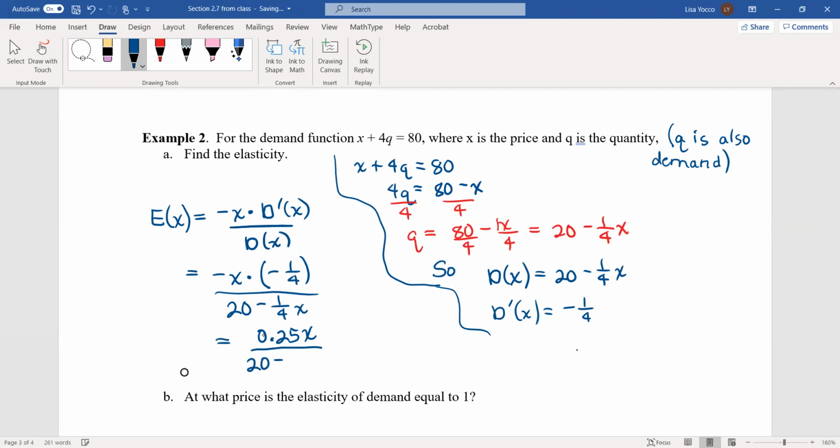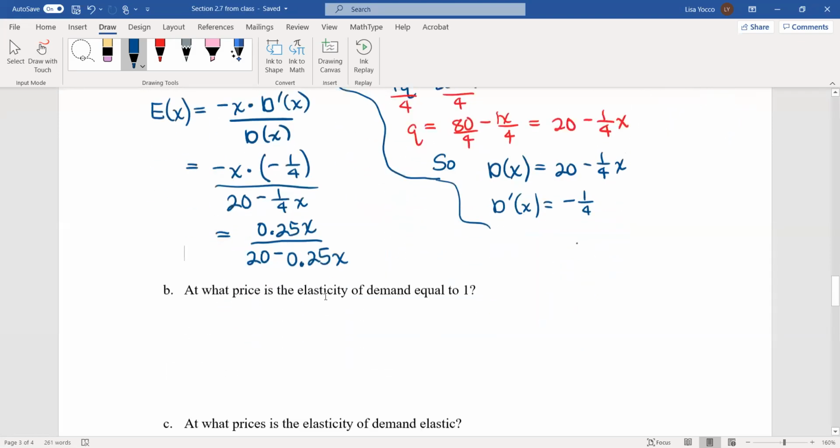And then in the denominator, we'll write that again as 0.25, probably just makes things easier. So that's my elasticity function.